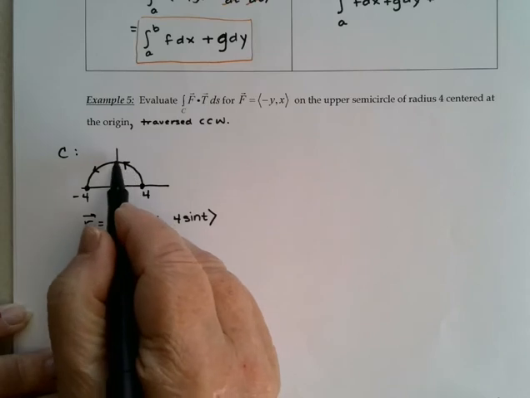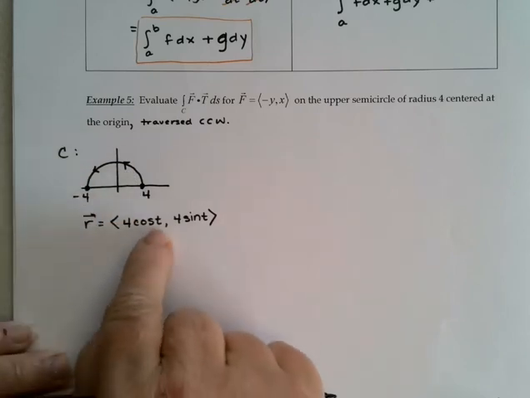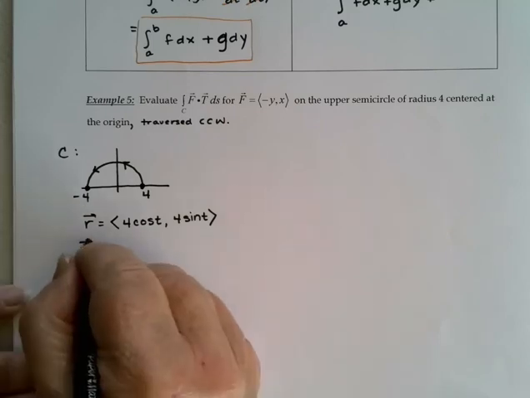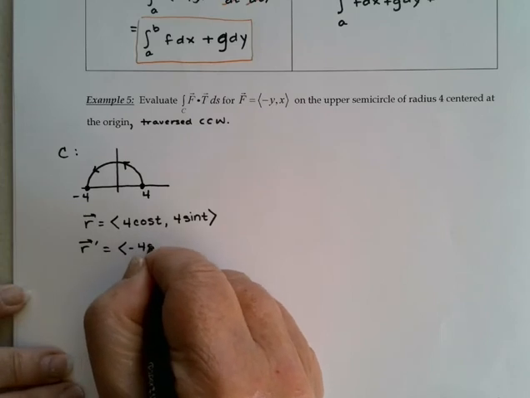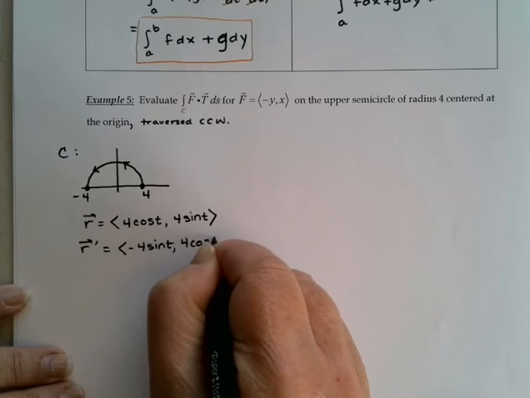And that's going to automatically make this go counterclockwise. Remember, if I want to go clockwise, I can reverse those. From this, I can get my r prime, negative 4 sine t, 4 cosine t.